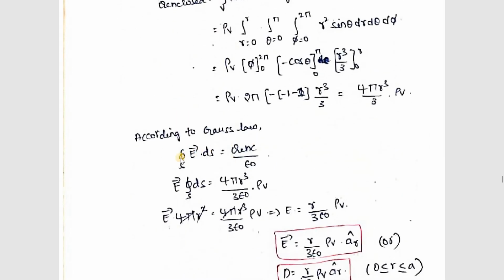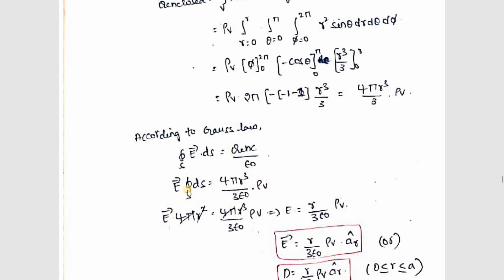So according to Gauss law, we know that integration E dot ds is equal to Q enclosed by epsilon naught. So E integration ds is equal to, because E ds cos theta, both directions are same, like E direction and ds direction are same since it is a sphere. For a sphere, the directions of D and E are same. So E integration ds is equal to Q enclosed, 4 pi r cube by 3 epsilon naught into rho v.